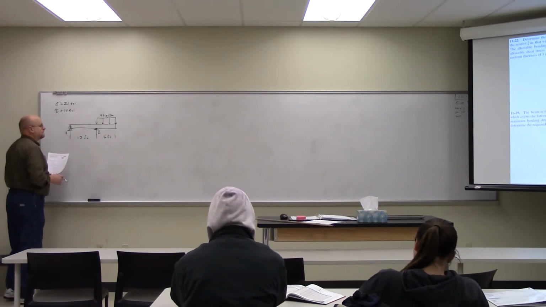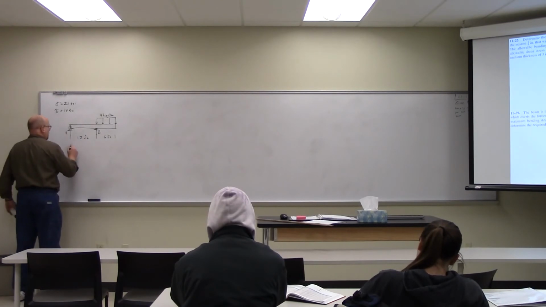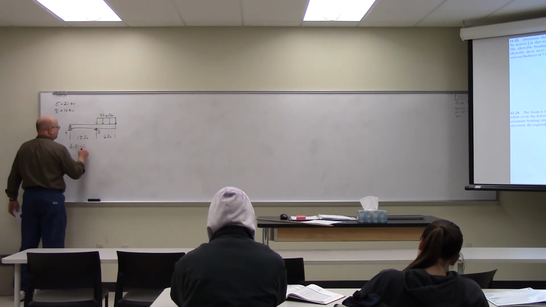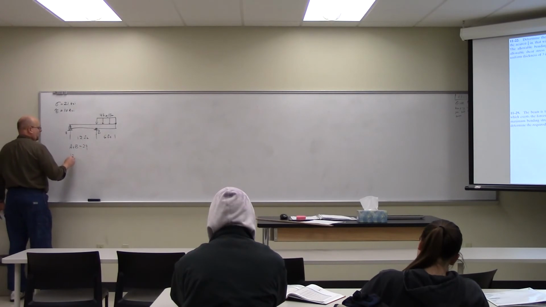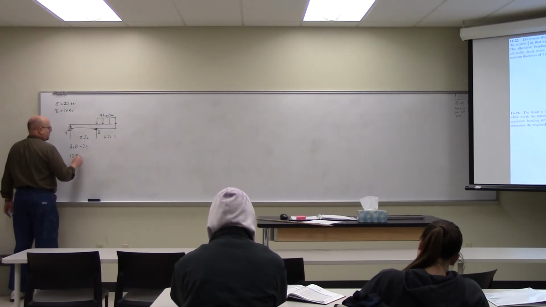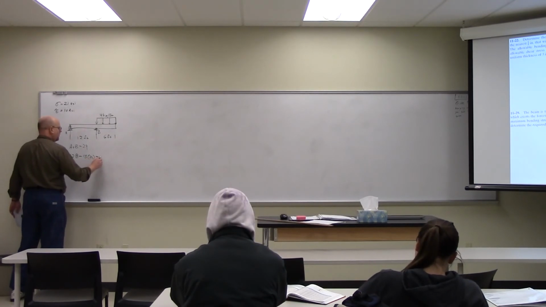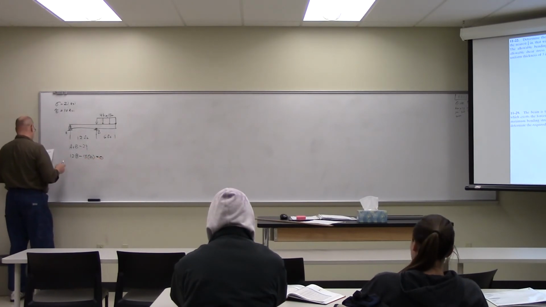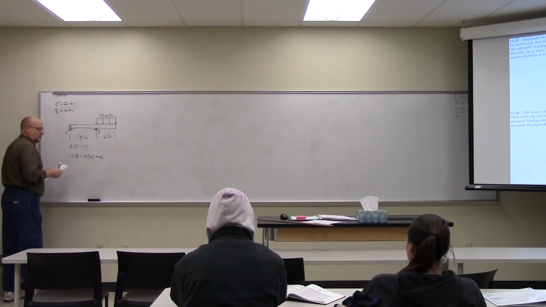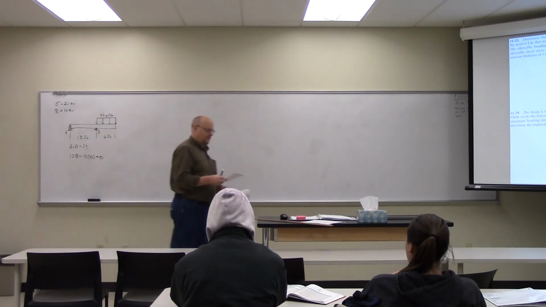So A plus B equals 24, and summation of moments: 12B minus 15 times 24 equals 0, right?